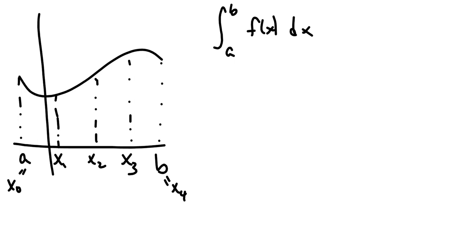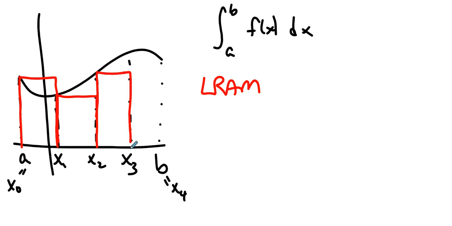And you did things like a left rectangle approximation method where you use the left endpoint to determine how high a rectangle is. And then sometimes we used an RAM, a right rectangle approximation method.